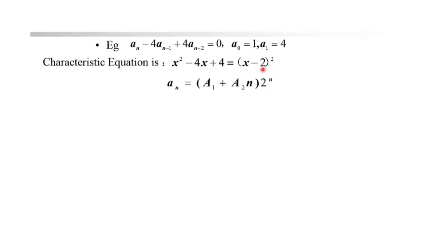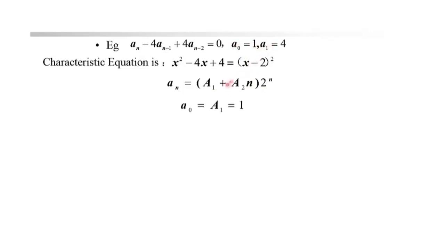There is a double root. We write the multiple root here as 2 to the nth power, and as it's a double root, the coefficient should be a 2 minus 1 power polynomial, which is a linear polynomial. We write it as an equal to a1 plus a2 times n, times 2 to the nth power. Now we only need to know the values of a1 and a2.